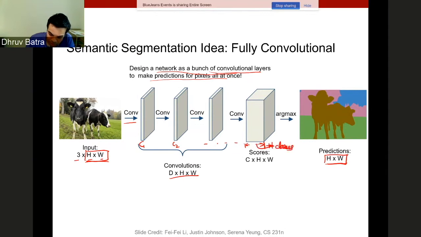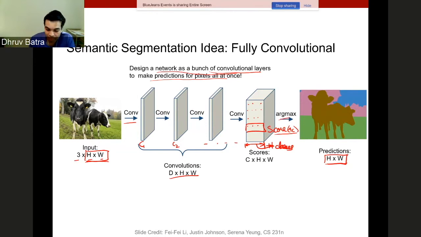I'll have that many channels, and then I will interpret at each pixel these as scores. So this is a score for all categories at the row, column of this particular pixel. And what I can do is pass softmax also spatially.